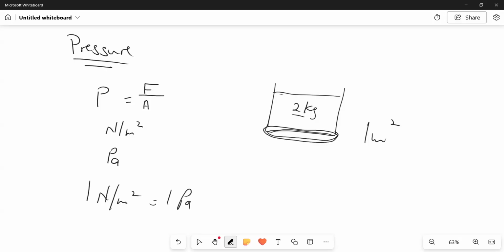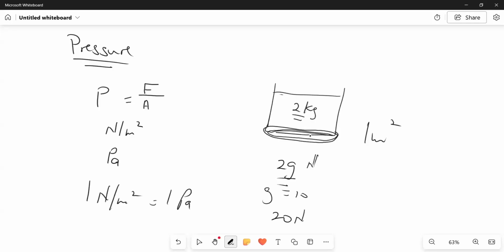So the weight of this 2 kilogram fluid is actually what? 2 times G, 2G newtons. Remember, we said let G be 10, so 2G newtons will be 20 newtons.